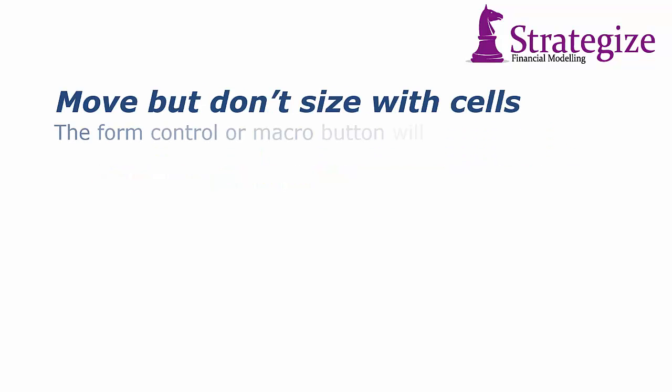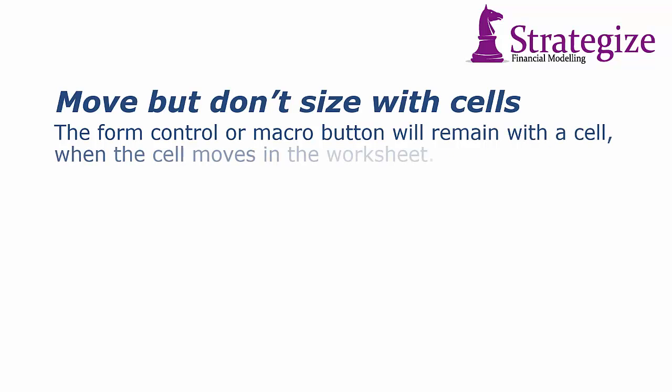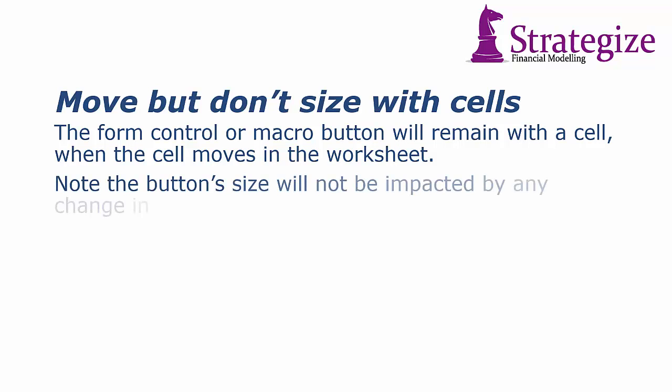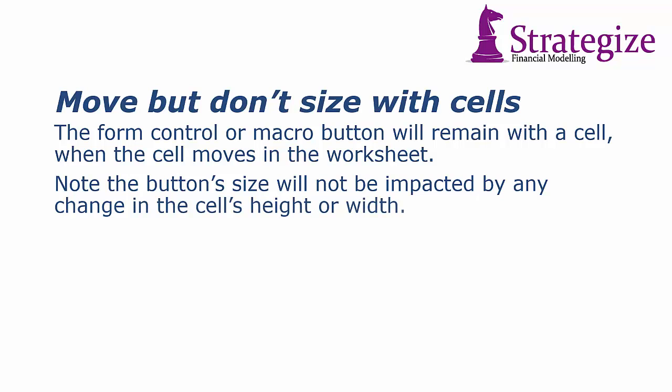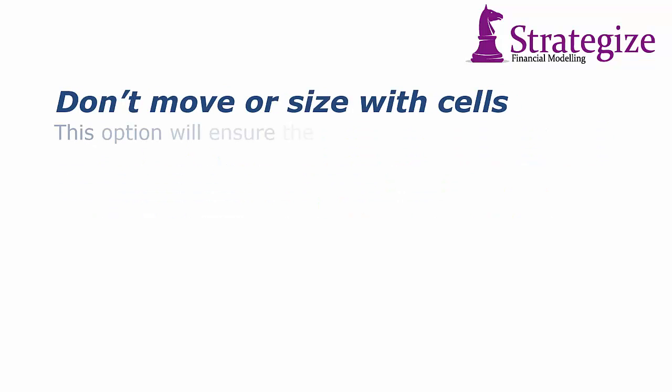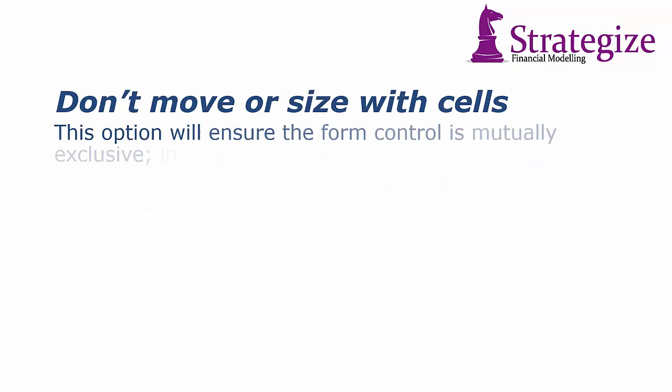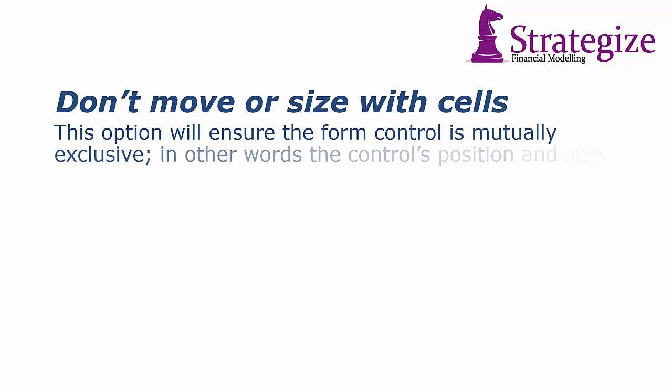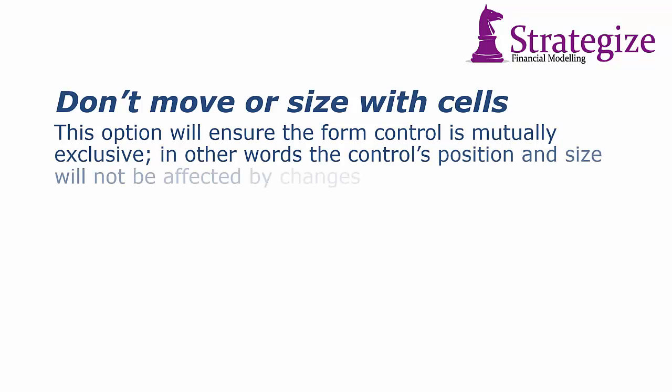The second option will enable a button to move with cells but not to resize. And finally, the third option will not resize nor permit the form control to move with the cells.